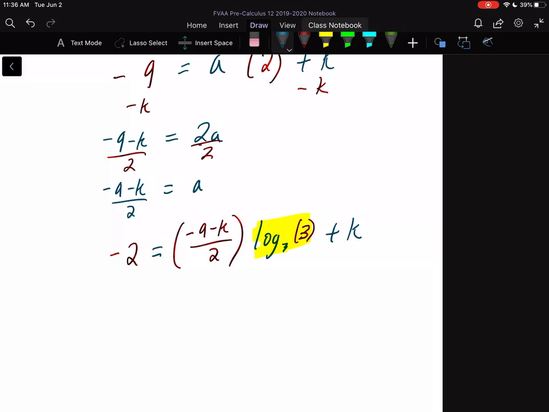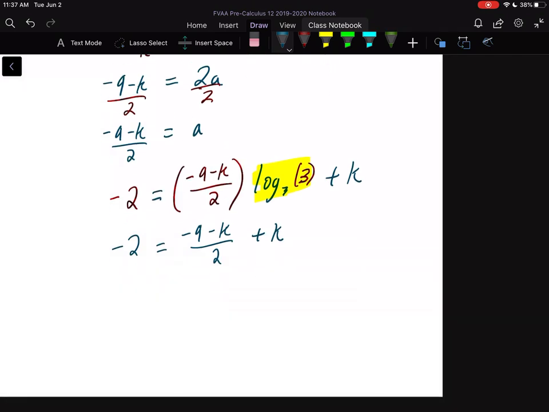And so I can substitute that log 3 of 3 out right away with a 1, okay, which gives me -2 is equal to (-9 minus k) over 2 times 1, which is just as is, so there's no real need for a bracket here, and then plus k. Okay, and then you just go to work algebraically here, flatten out your equation, and then get your variables on the same side.